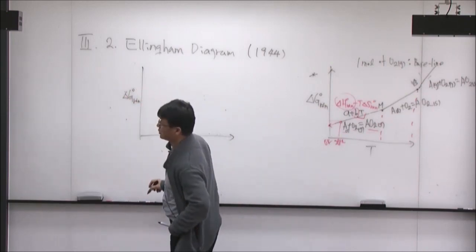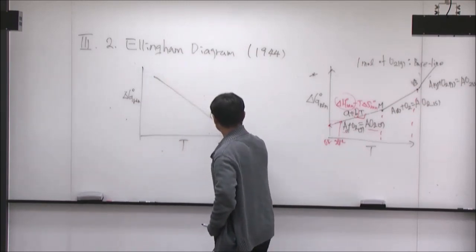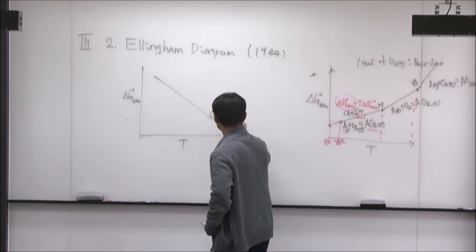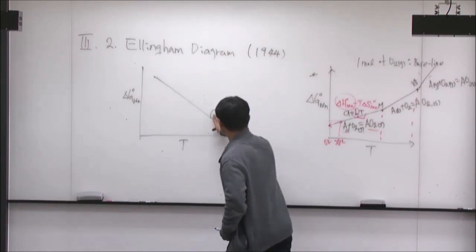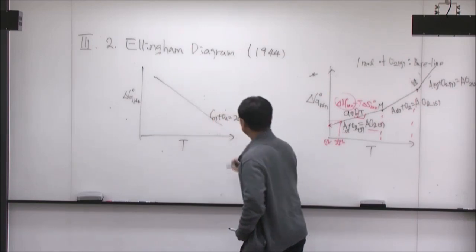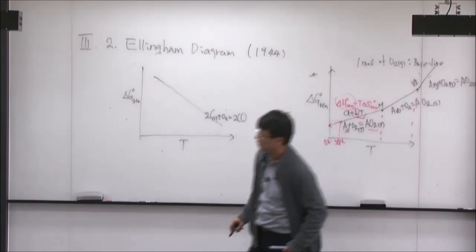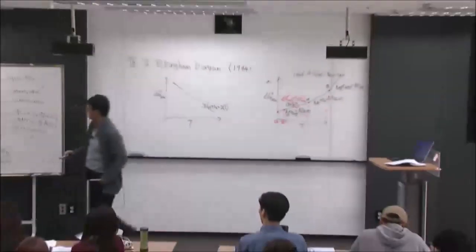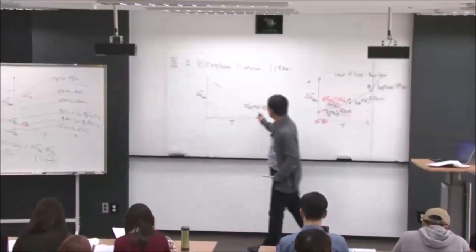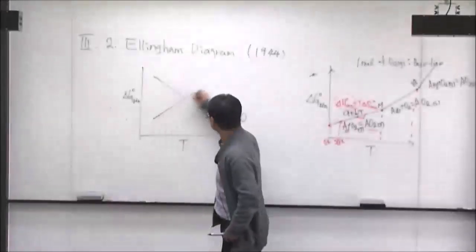you now have this CO2, and this one, CO. So for this chemical reaction, I'm sorry, there was a mistake here, it's 2C. Okay, this one. And then if you have now this one.